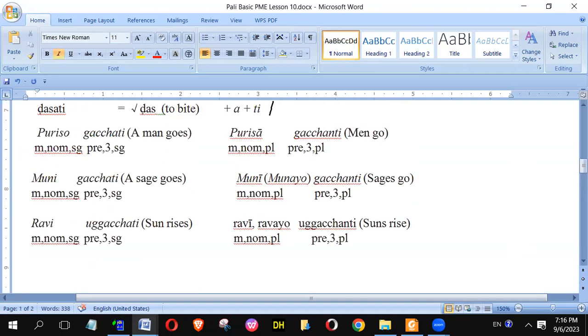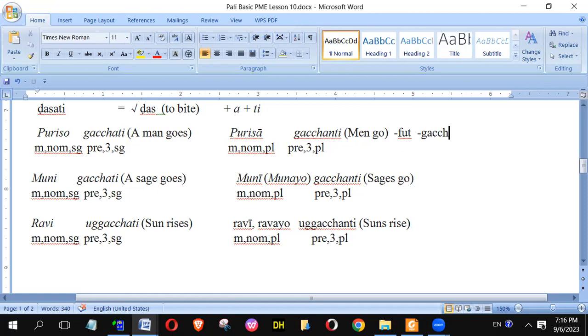Okay. Now we are going to change it to a future tense. So how to change it? Okay, Chiwon, try this one. Change it to future tense. The Purisa gachanti. Purisa ga, then chanti.